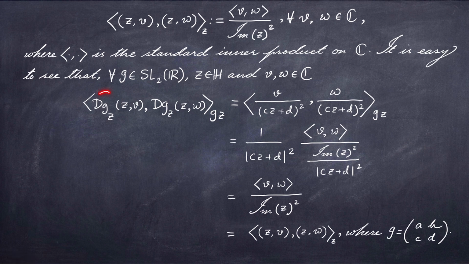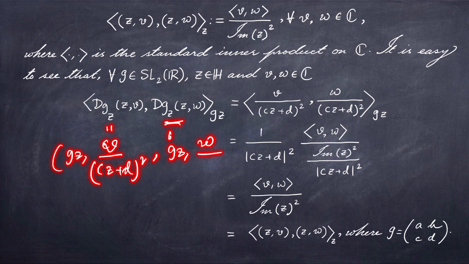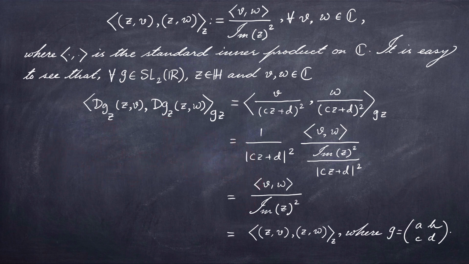So this quantity is by definition g'(z) times v, that is v over (cz+d) squared, and the same here, w over (cz+d) squared. So this should be the inner product here, and by definition this is nothing but the usual inner product.